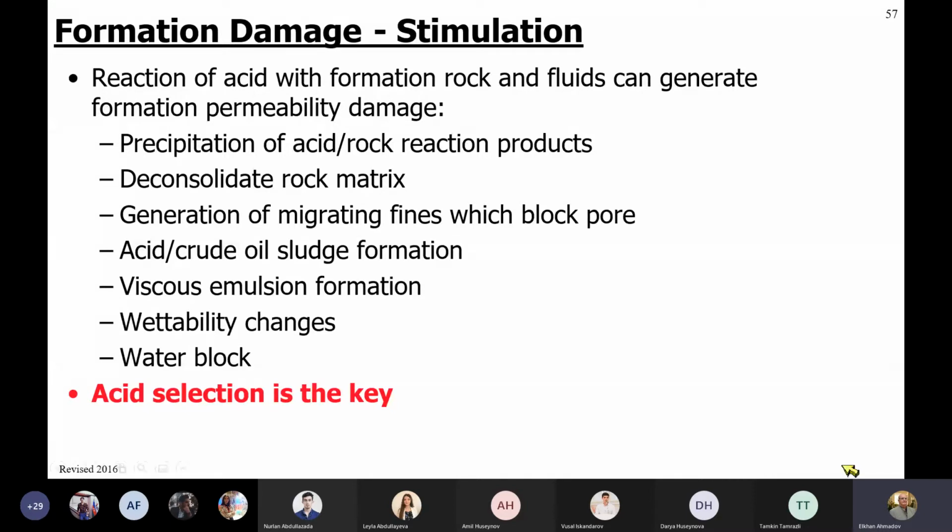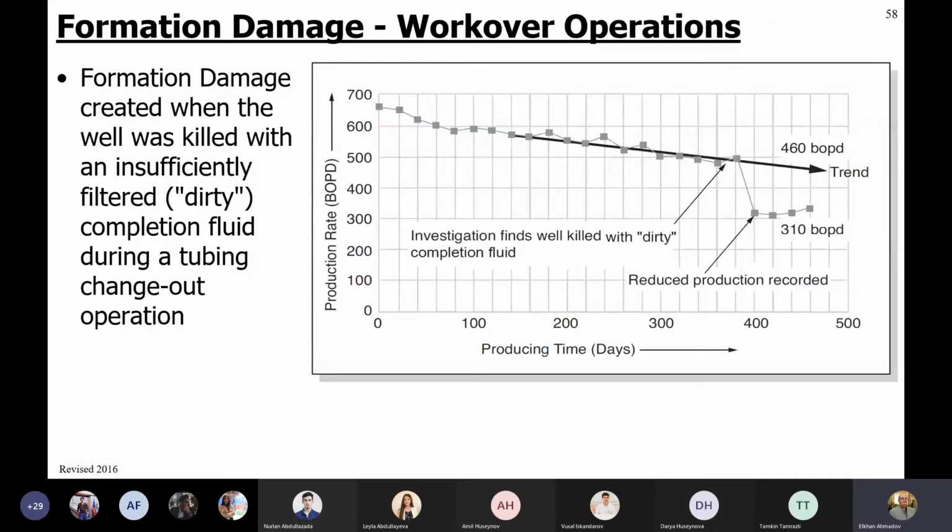Okay, so acid selection is the key. We will talk about that in the next chapter. So this is how the not-clean brine was used, and how the formation production was affected.